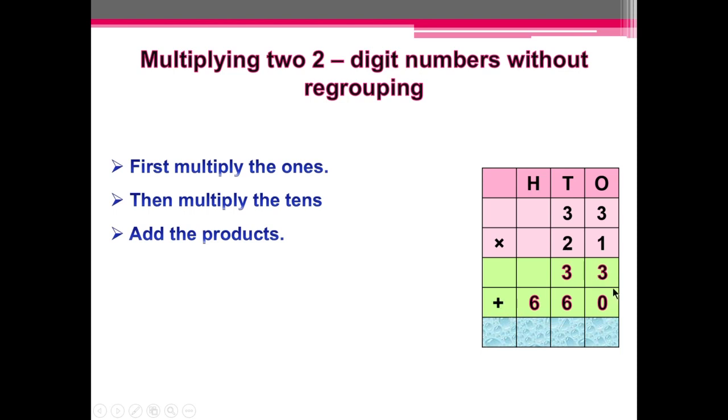Can you add for me? Yes. 3 plus 0 is equal to 3. Very good. 3 plus 6 is equal to 9. And 0 plus 6 is equal to 6. Very good. So, 33 multiplied by 21 is equal to 693.